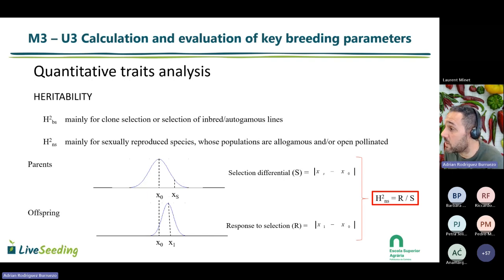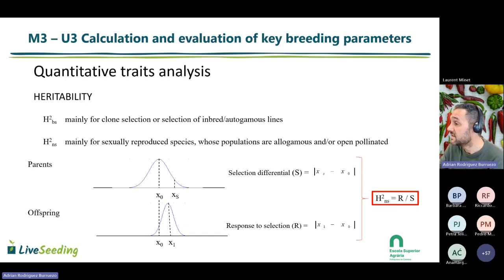Or even when you're working with inbred lines, usually in highly autogamous species, they are sexually reproduced, yes, but for the traits of interest, the genes are already fixed, homozygous.